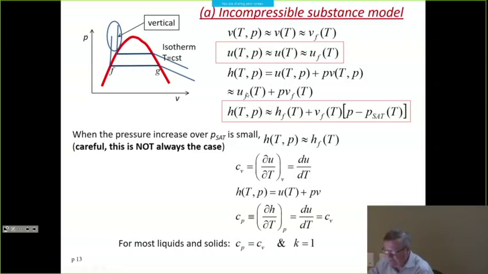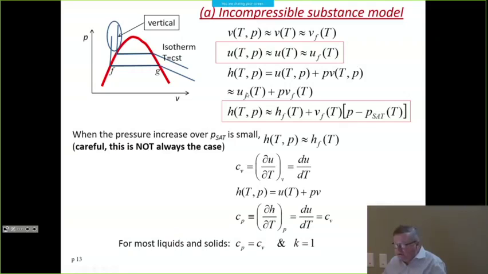You can do that if you want relatively high accuracy, and you can see that the enthalpy at a given temperature and pressure is the enthalpy at the saturation temperature plus the specific volume at the saturation pressure times the actual pressure minus the saturation pressure. So this is a linear correction term that takes into account the small variation with compressibility of the enthalpy. Note that the internal energy is not that variable, but the enthalpy is slightly variable with the compressibility of the system.